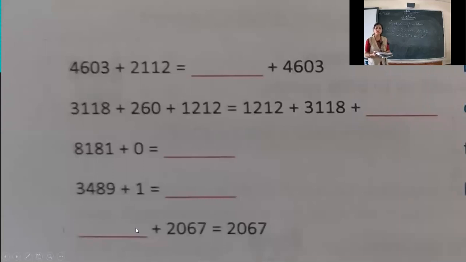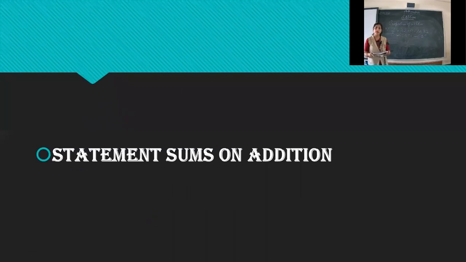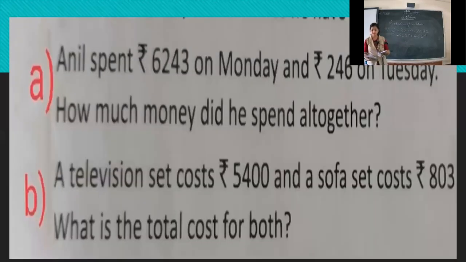Children, now some statements, sums I have given. You will do on your own. In our next class, we will discuss the answers. Just see statement sums. Do on your own. Start question 1. You can copy down.